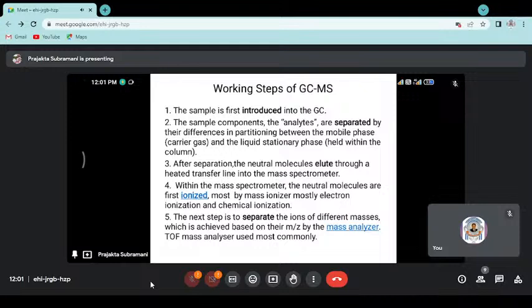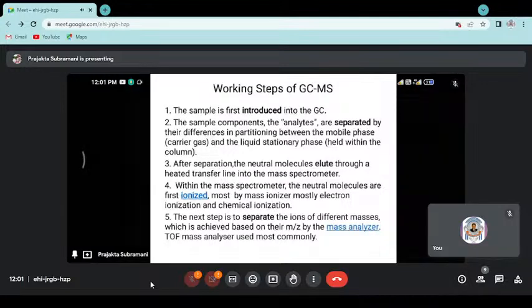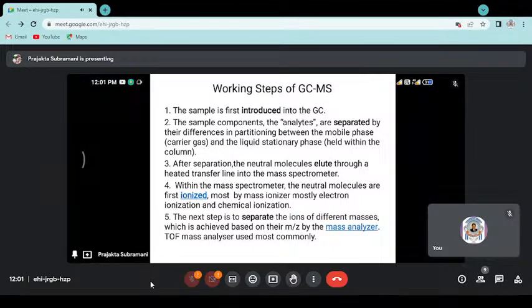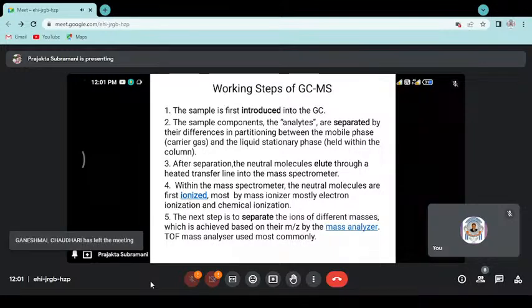After the separation, the molecules are eluted through a heated transfer line into the mass spectrometer. Within the mass spectrometer, the molecules are first ionized by an ionizer. Generally used ionization techniques are electron ionization and chemical ionization.